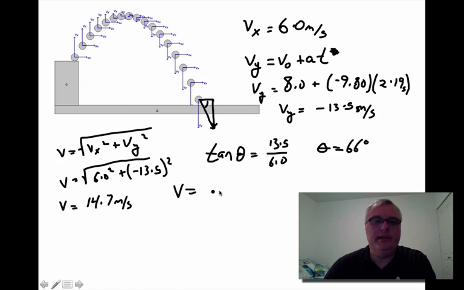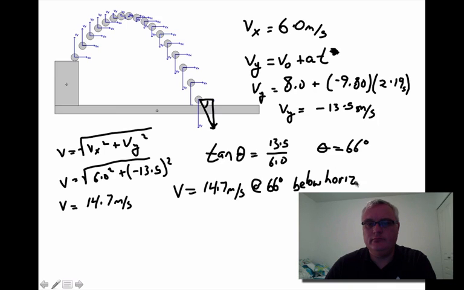So V is going to be 14.7 meters per second at 66 degrees below the horizontal. And that's how you solve the third type of projectile motion.